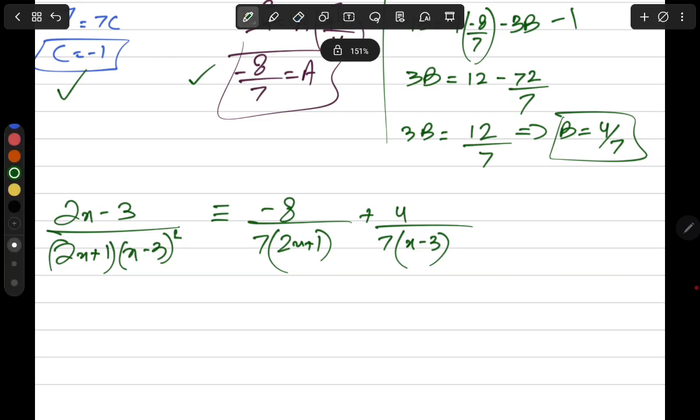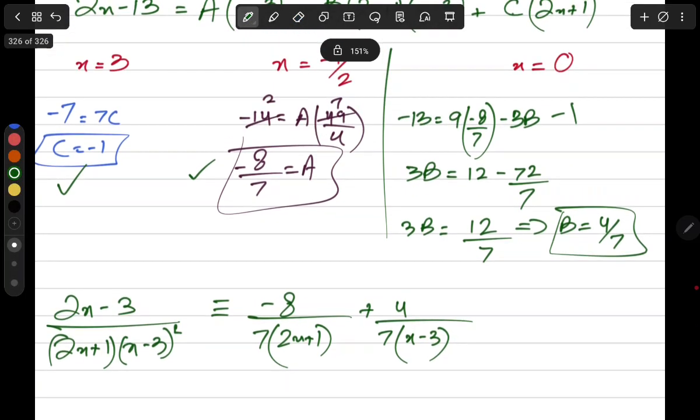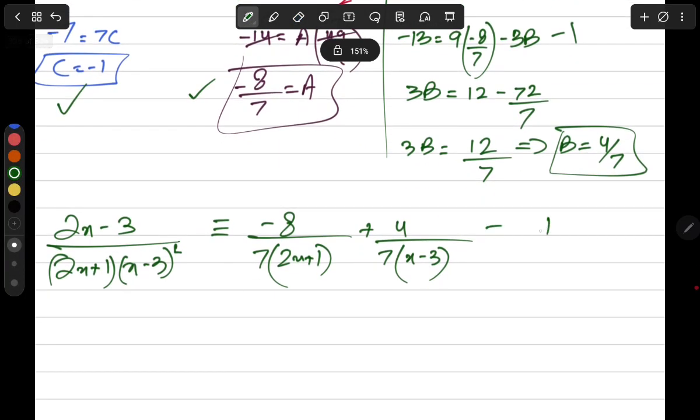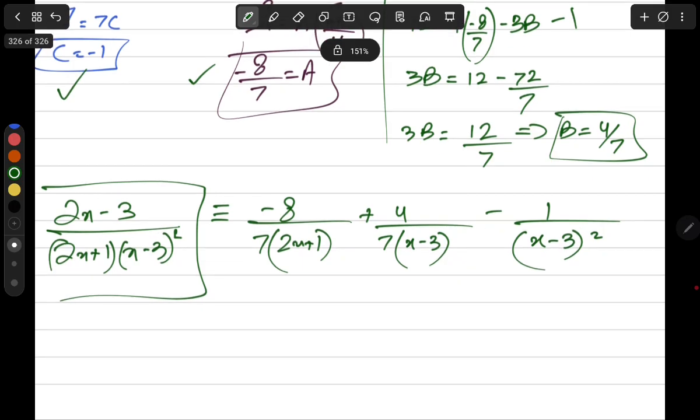That's going to create a disaster here, so we don't want to do that. And c is minus 1, and under that we had x minus 3 whole square. So we decomposed this messy fraction with 2 linear terms, of which one was repeated, into a sum of 3 fractions, right?